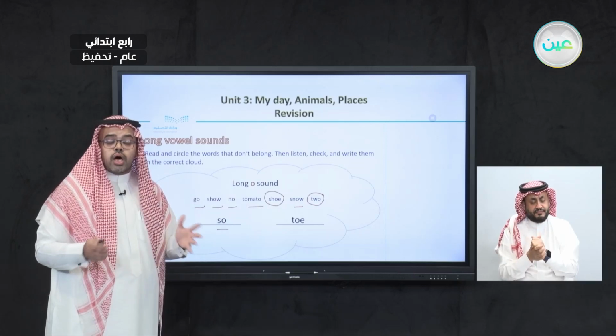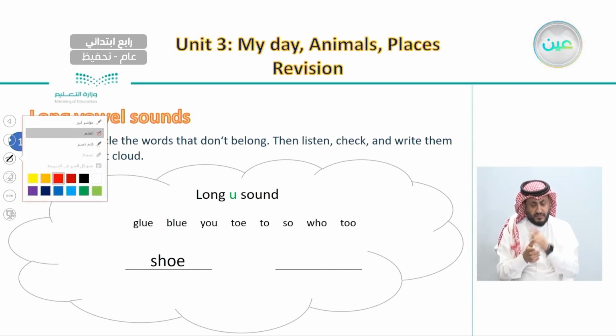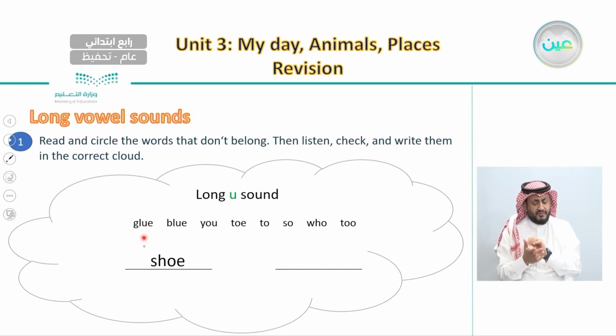Let's get to know our second cloud. The second cloud we have here is called the long U sound. Let's listen to the words in this cloud, and then you and I can circle the words or the sounds that do not belong to this cloud. Let's read the words so we can cross out the sounds that do not belong here.